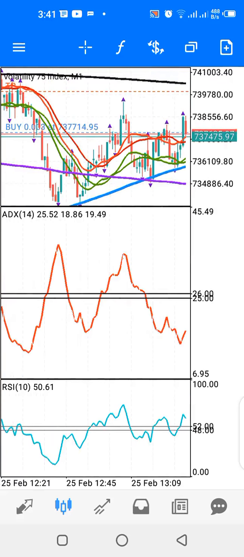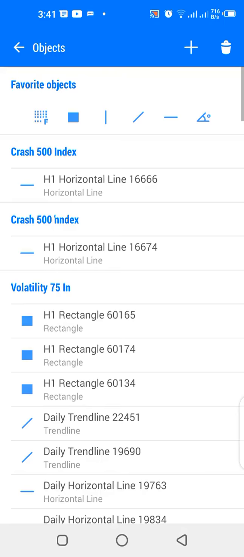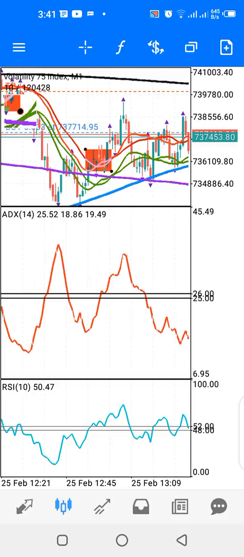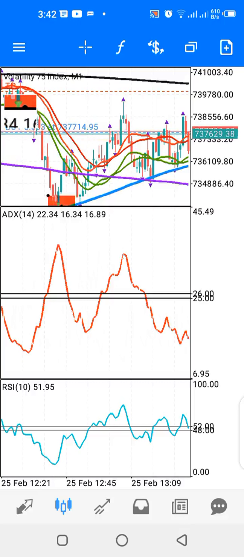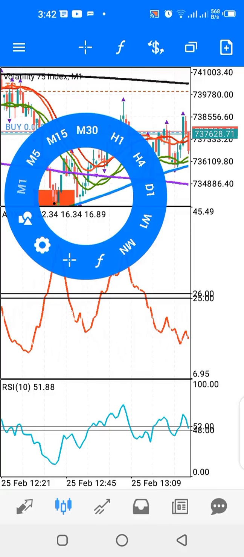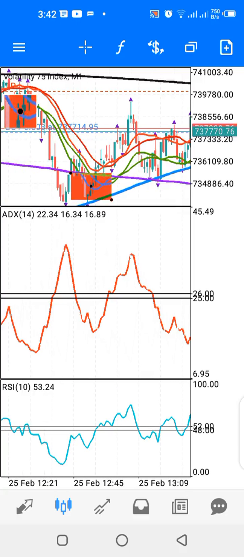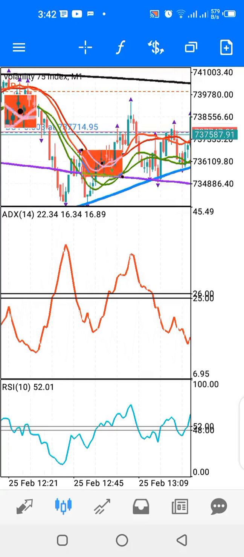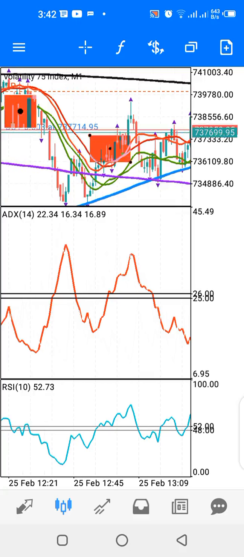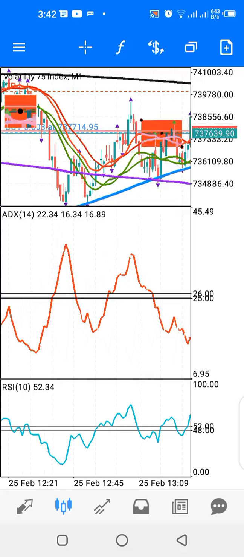Now to buy, you allow price to break above and close above, like you have here. We have a double bottom on the 200 somewhere around here, then price broke above the 20 and the 15 and started to bounce.